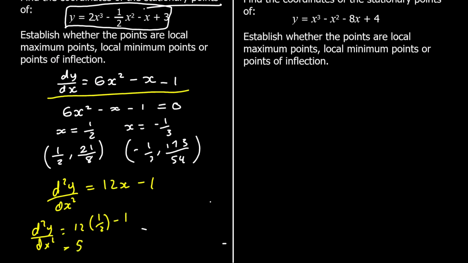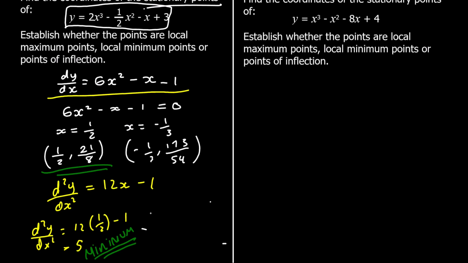So for this point, when x is a half, the gradient of the gradient is positive. That means the gradient of the gradient is going up, and it's a minimum point. That's a local minimum. If the second derivative is positive, it's a minimum.